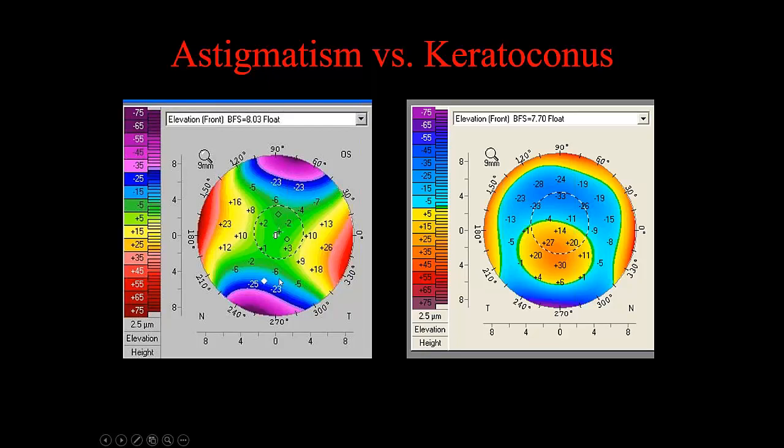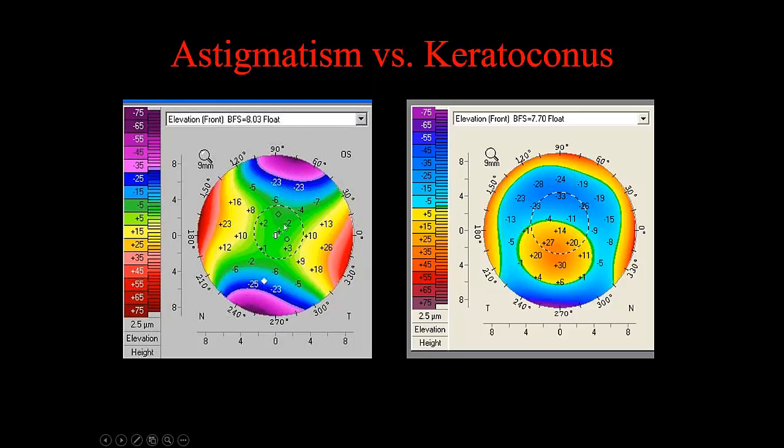If the pattern is normal, and this is a normal astigmatic pattern, these numbers in themselves only indicate two things. One is the amount of the astigmatism: the higher the astigmatism, the greater the separation between the steep and flat meridian. And two, how far it is from the apex.